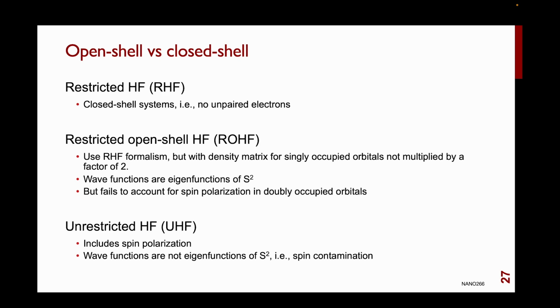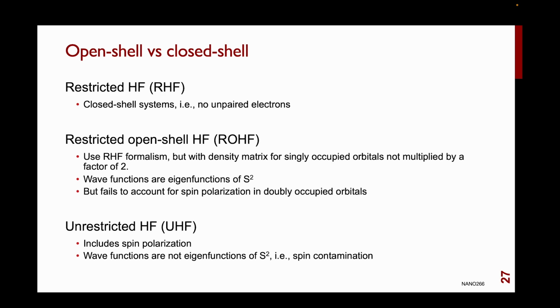Okay. Now, what happens if you have unpaired electrons, right? So when you have unpaired electrons, you will need to deal with each electron separately. Okay, so there is what is known as the restricted open shell Hartree Fock approach, or ROHF. It is very similar to the restricted Hartree Fock approach.